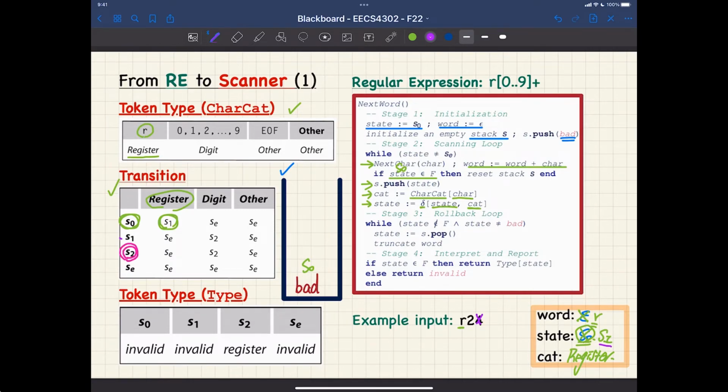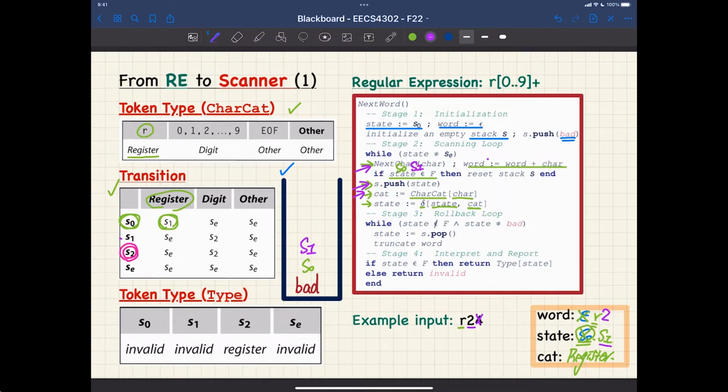We read the next character, which is 2, and the word becomes R2, being expanded. The state right now is S1. Is S1 an accepting state? It is not, so we don't reset the stack. We push the state onto the stack, which will be S1. And what about the category? Help me out. What should the category be now?